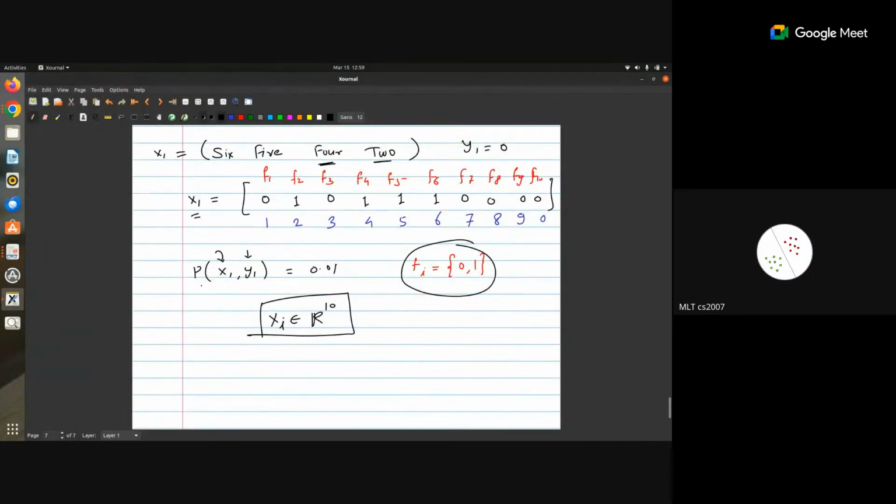So that means how we decide whether it goes to spam or non-spam is based on the probability. For example, the probability of x1 given the class y1 equals 0 is 0.01, and the probability of x1 given the class y1 equals 1 is, let's say, 0.20.